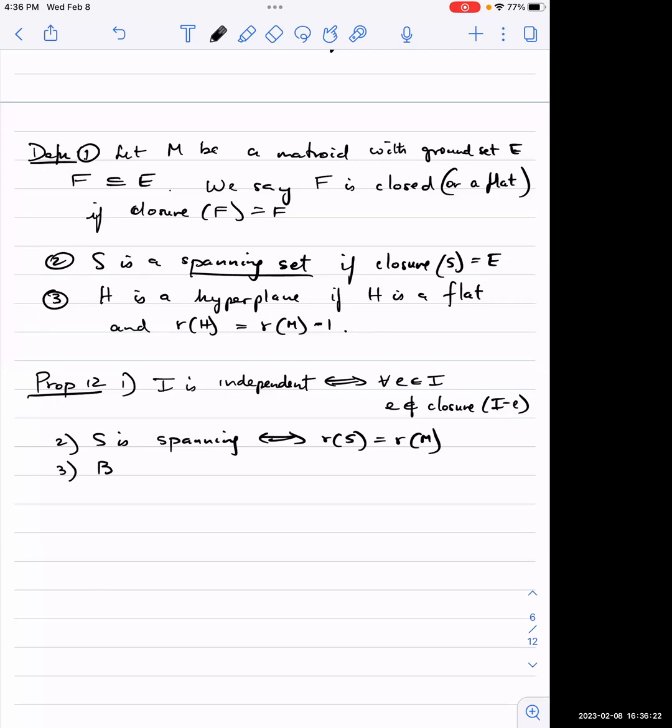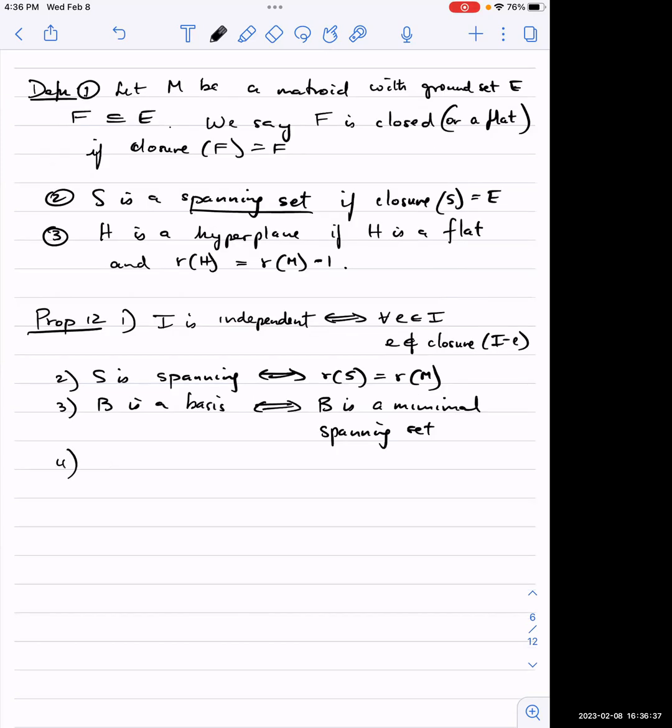And B is a basis if and only if B is a minimal spanning set. A hyperplane is a maximal non-spanning set.